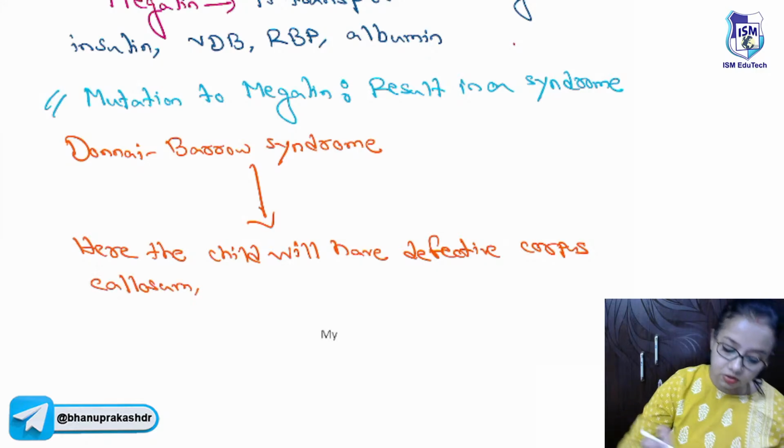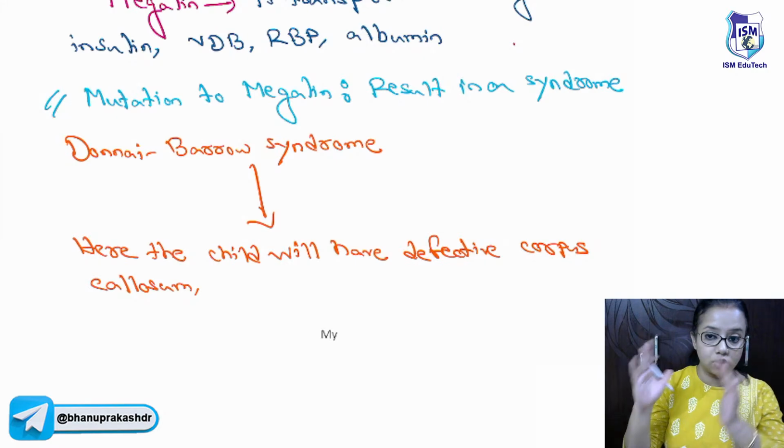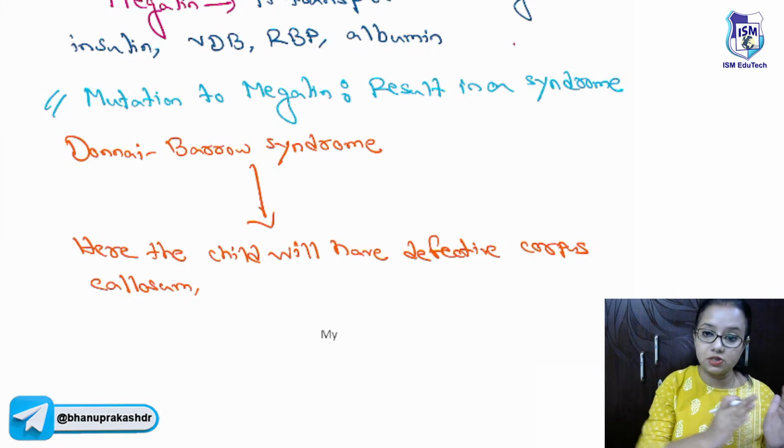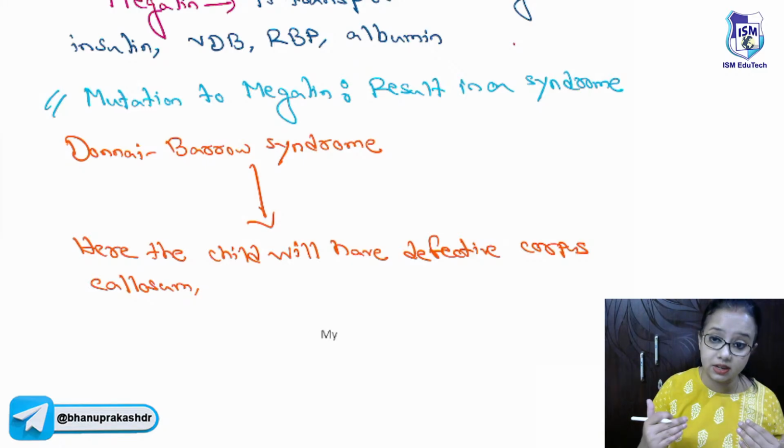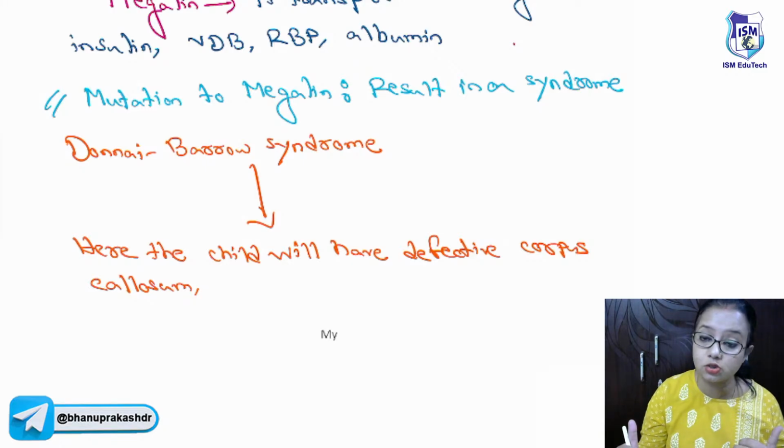Now, corpus callosum is the structure that is joining, that is a connection between the right hemisphere and the left hemisphere of the brain. So if the connection is not proper, then the coordination and all the neurological function and development of the brain and associated structures will be defective.